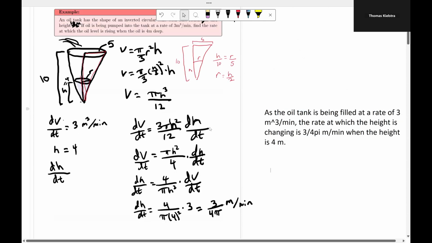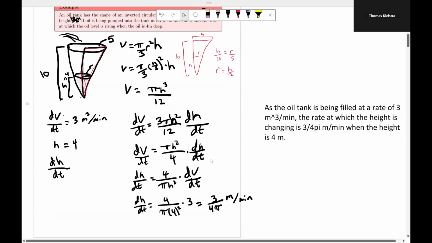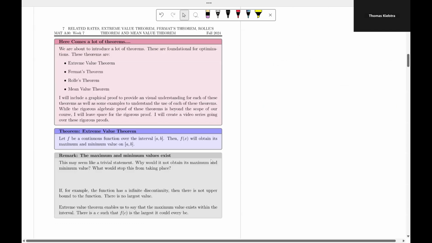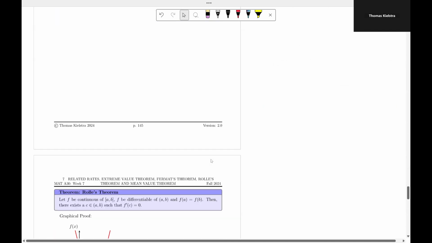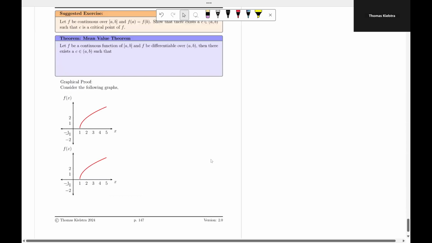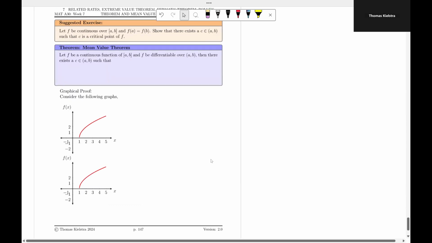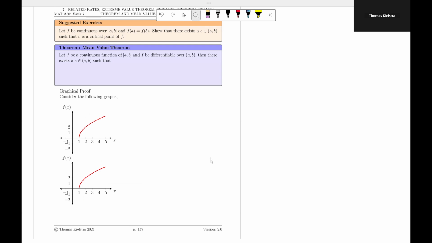Now we're going to look at our mean value theorem. In the mean value theorem, we have a function that's continuous over the closed interval AB and differentiable over the open interval.